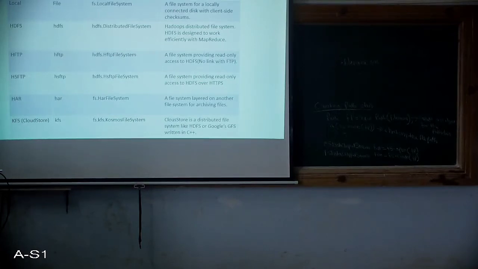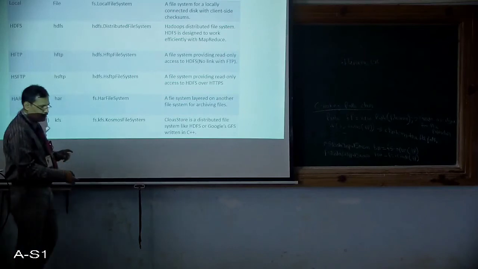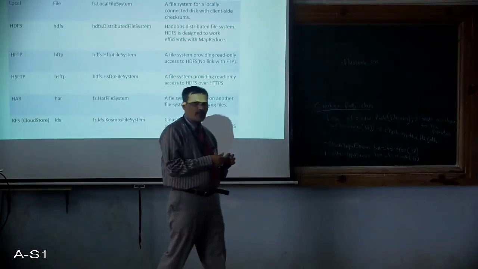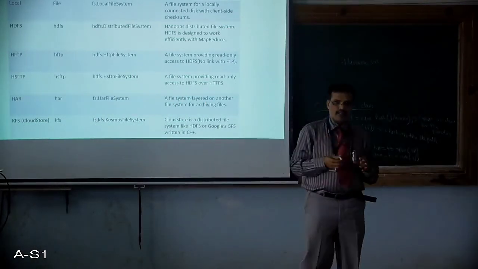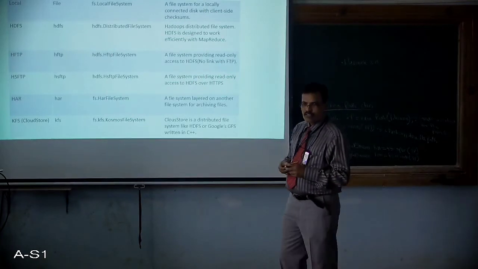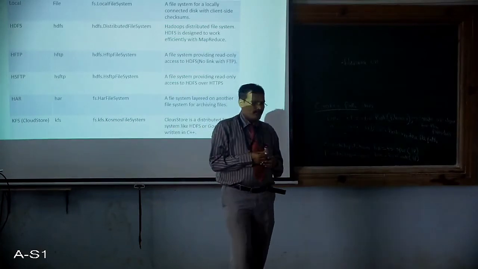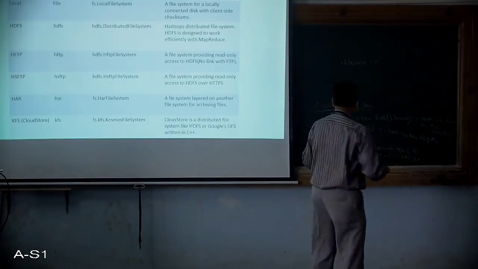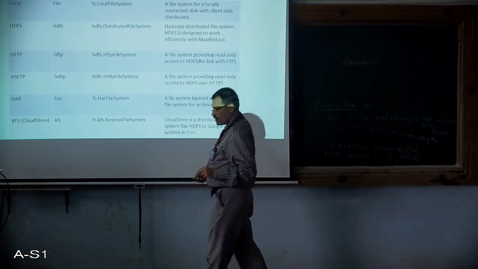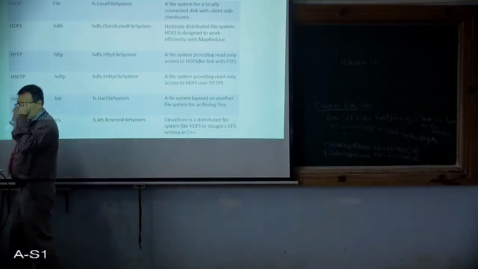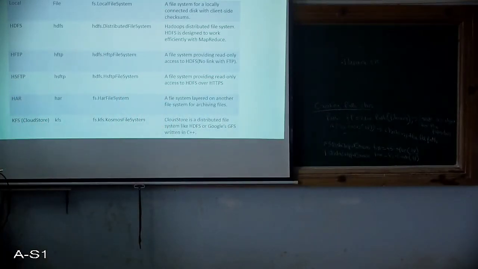I hope all of you understand what a checksum is. In your computer networks course, I think you have used checksum calculations and different cyclic redundancy check algorithms. Based on that, this checksum is created for the file by the Hadoop file system itself. You need not worry about this. If you don't know, let me tell you what exactly a checksum is.